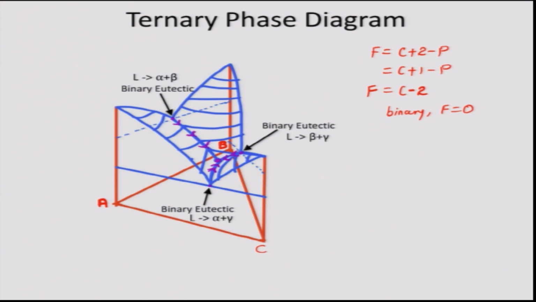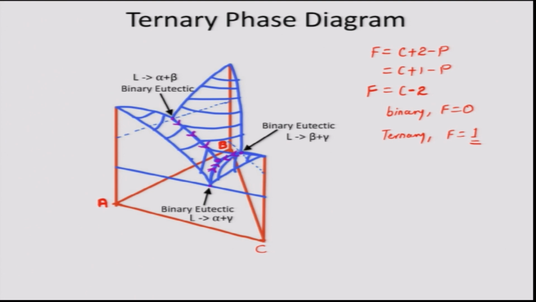However, in ternary, since C is equal to 3, we still have 1 degree of freedom, and hence a binary eutectic in a ternary phase diagram solidifies over a range of temperature. I have highlighted the ranges of 3 different binary eutectics by the arrows here.